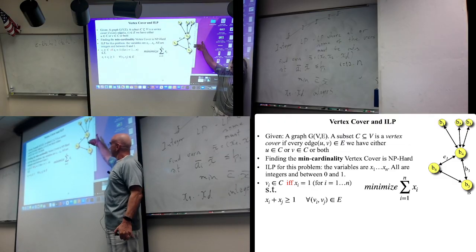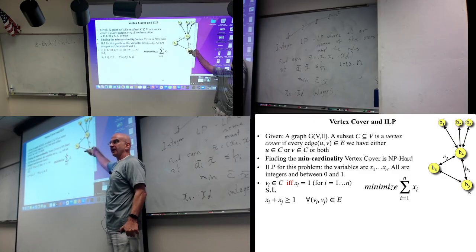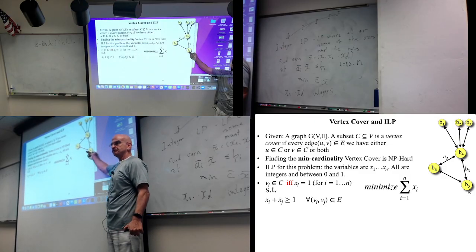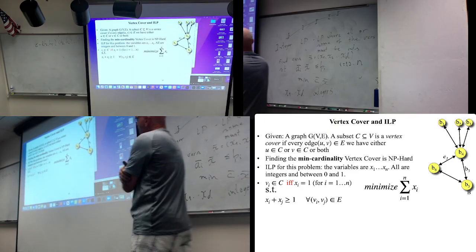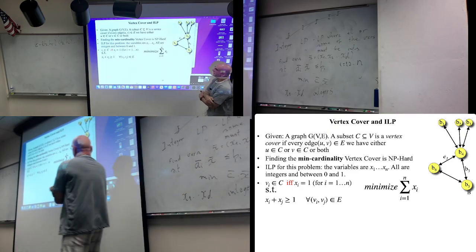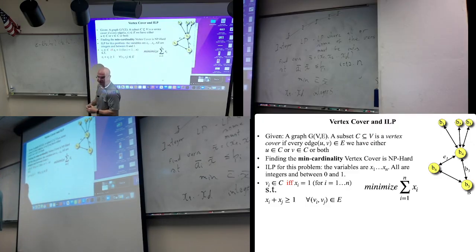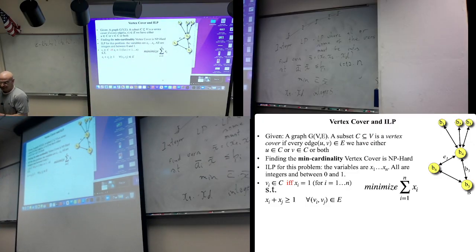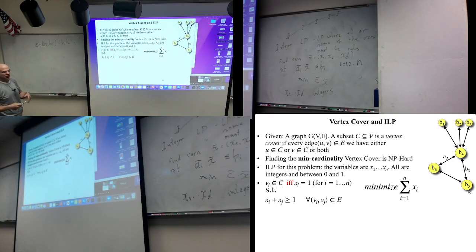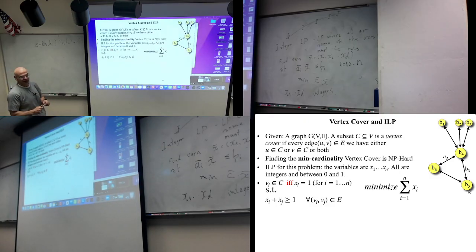Now, if we want to publish more results, maybe we want to find the smallest vertex cover. And finding the minimum cardinality vertex cover is hard, NP-hard. You cannot expect to live long enough to see it solved for really large inputs.